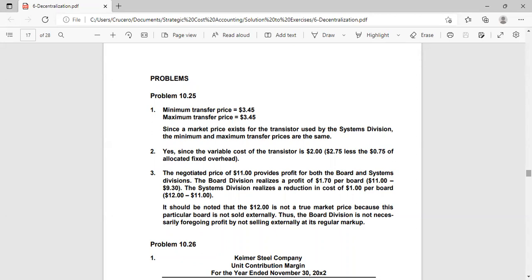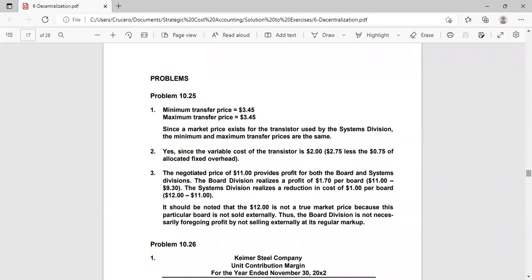Assume the systems division is able to purchase a large quantity of transistors from an outside source at $2.75 per unit. Further assume that the transistor division has excess capacity. Can the transistor division meet this price?